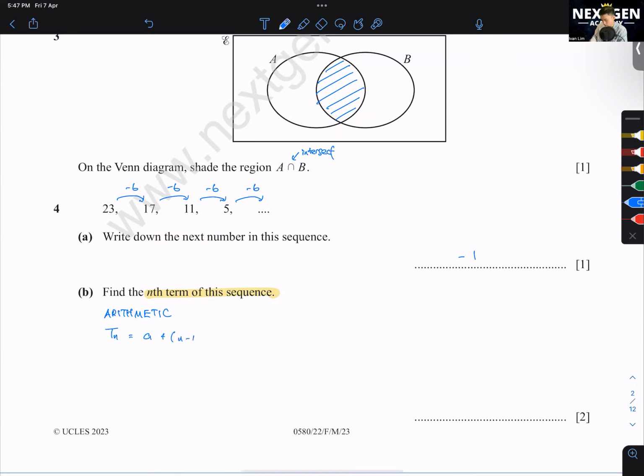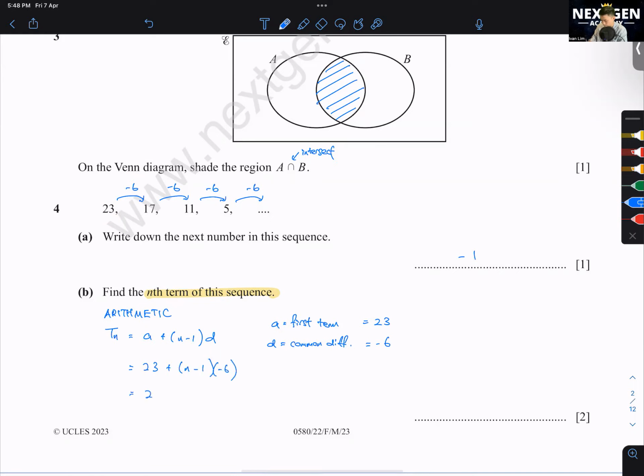Remember this: a plus n minus 1 d. a is your first term. d is known as your common difference. Your a over here is 23, your first term of the sequence. Your d will be negative 6. So we just sub it in: 23 plus n minus 1 times negative 6.